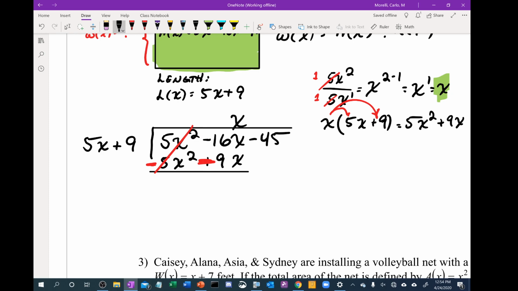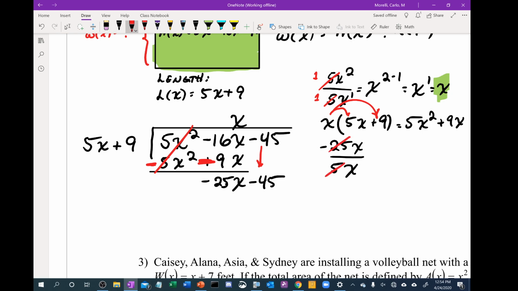Negative 16x minus 9x is negative 25x. And we will bring down the next term. Bring down that negative 45. Start all over. Divide this term of the dividend by this term of the divisor. So we divide negative 25x by 5x.